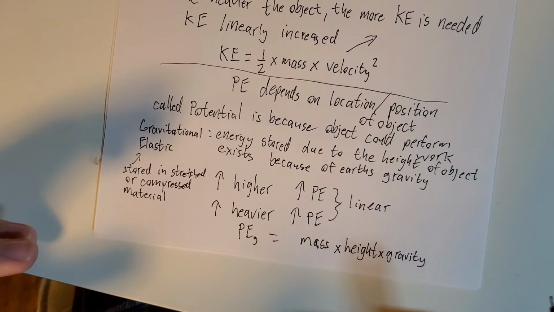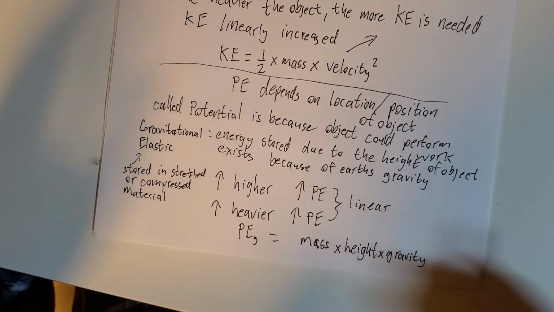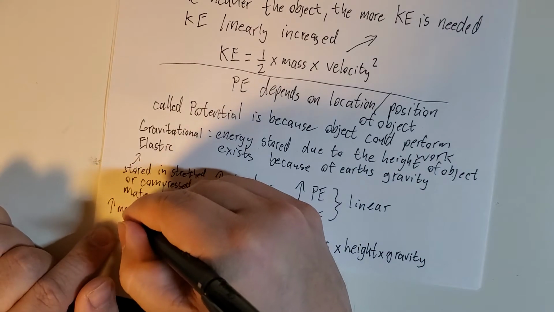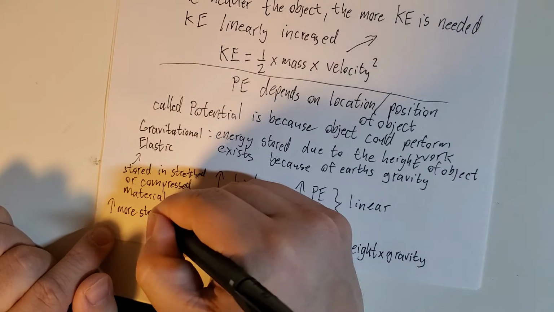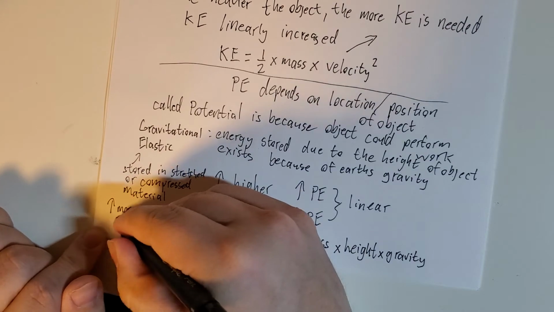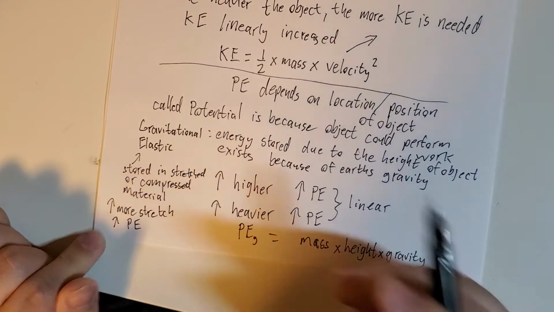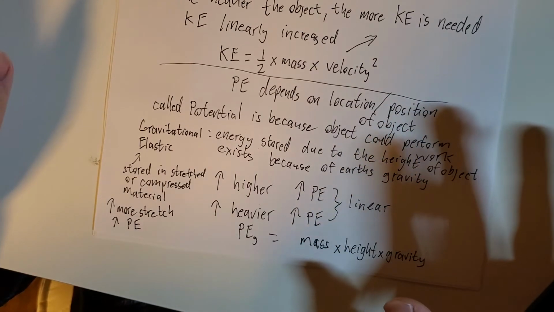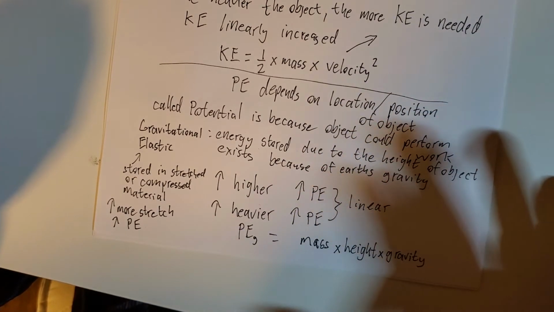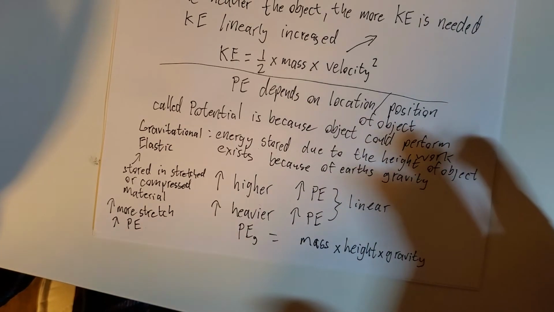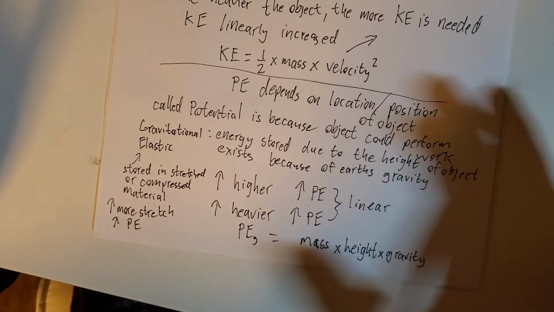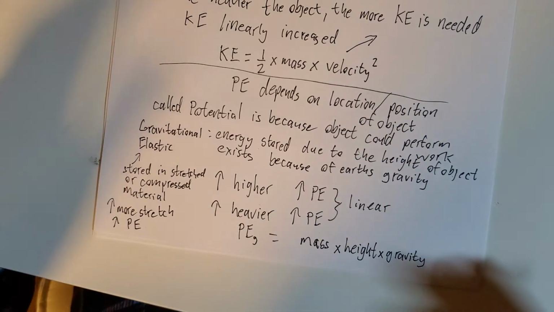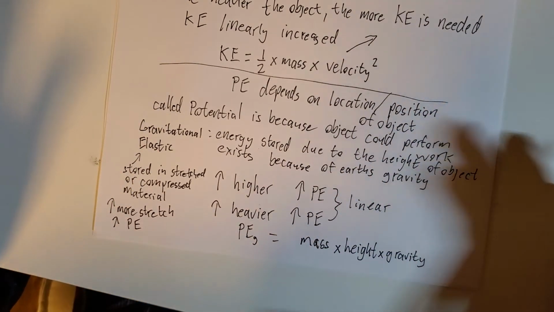It wants to go back to its natural or neutral state, and the more you stretch or compress, the more potential energy you'll have. That equation is a little bit more involved. We're not going to worry about that one this year, but just know that as you stretch or compress an elastic or a spring past where it wants to be, there will be more potential energy stored as it tries to go back to that natural position.